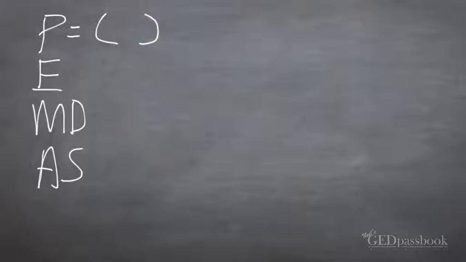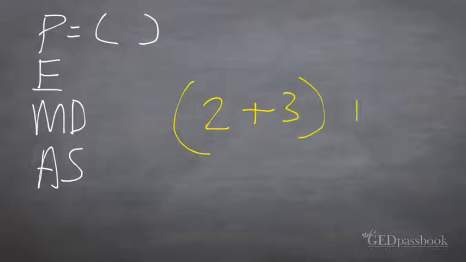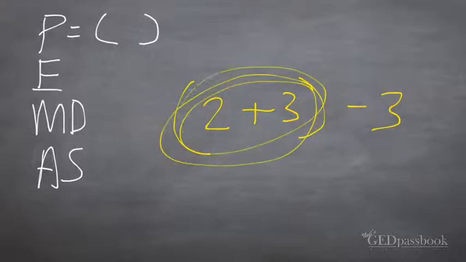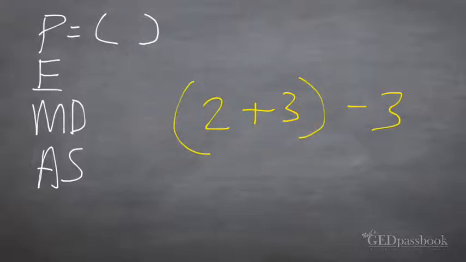Now watch out. Obviously it does mean do whatever's inside first, which means you would obviously do the operation of 2 plus 3 first. The thing is, watch out for parentheses that don't really have anything inside.